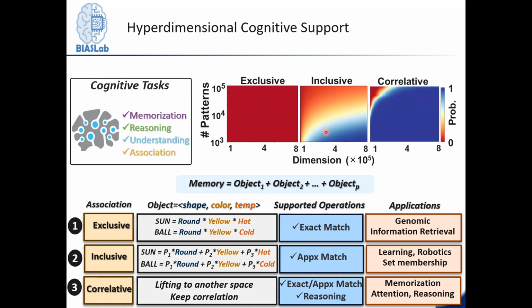Inclusive is good, but the capacity is low. You can see there's a lot of red, which means our probability of finding is very low. But if you look at our correlative one, it has really high capacity to do approximate match. This is the same scenario for exact match too, which I didn't show here.